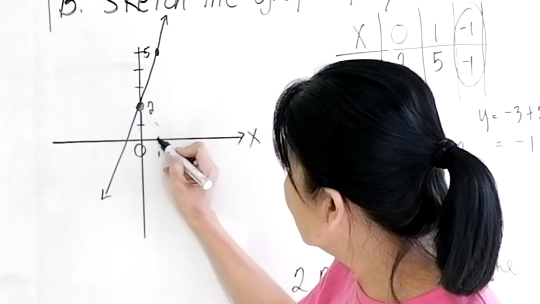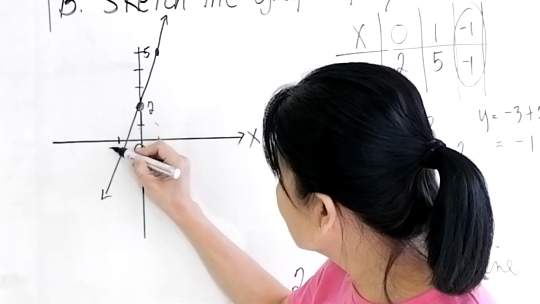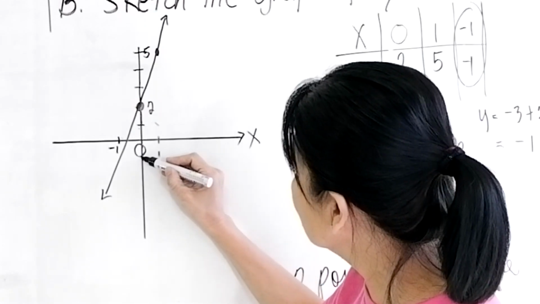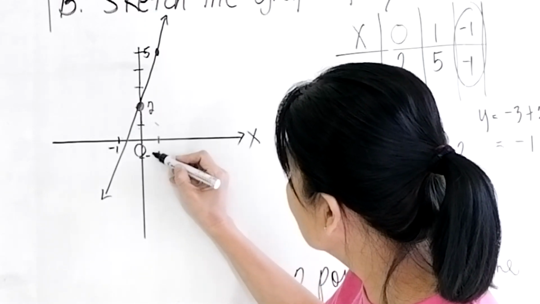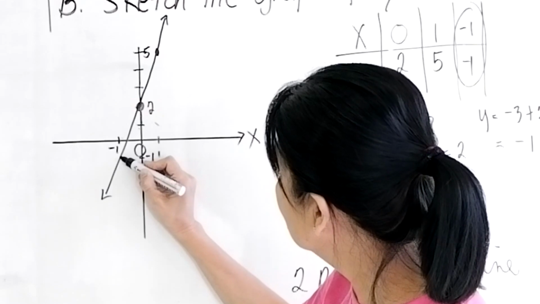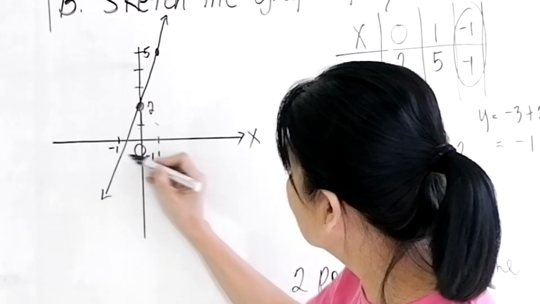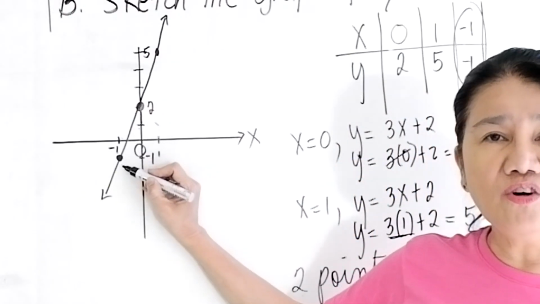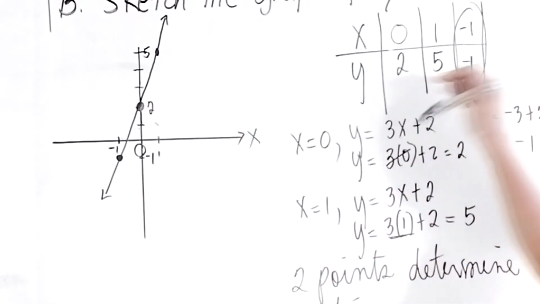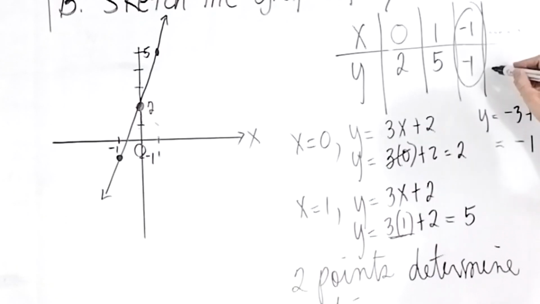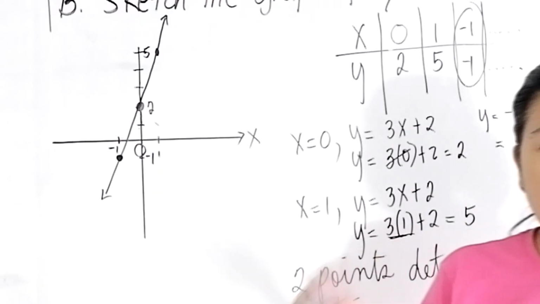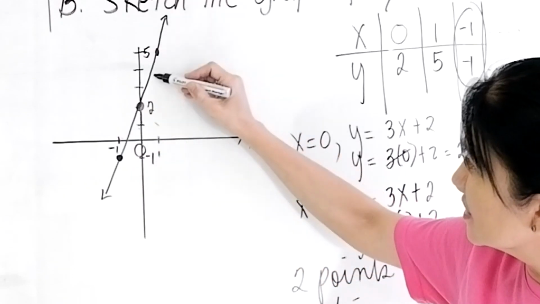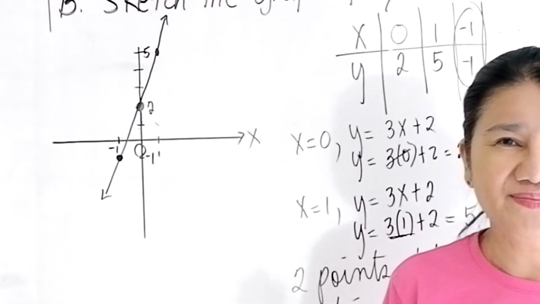And -1 is also here. So you see, -1, -1. The point will still be on the line. So even if you get other points here, set of points, which will give an ordered pair, for sure those other points will still be on the line.